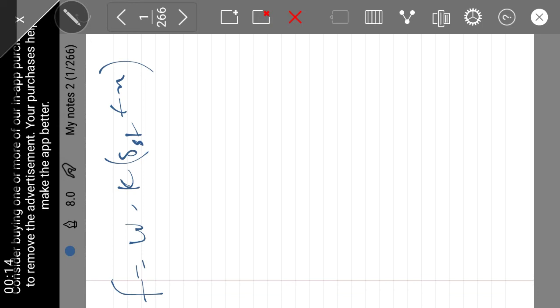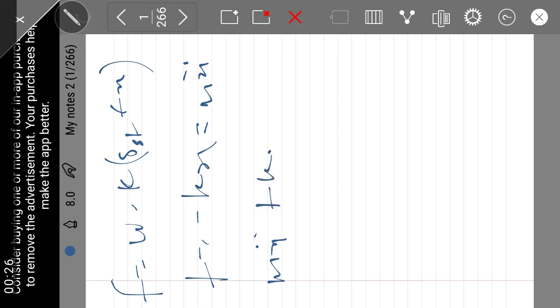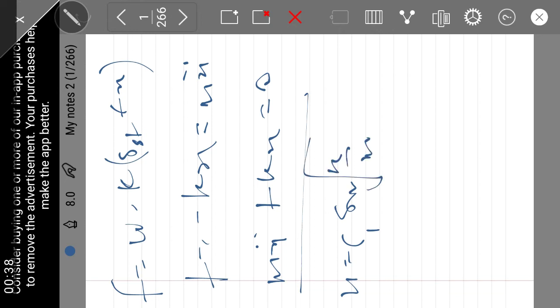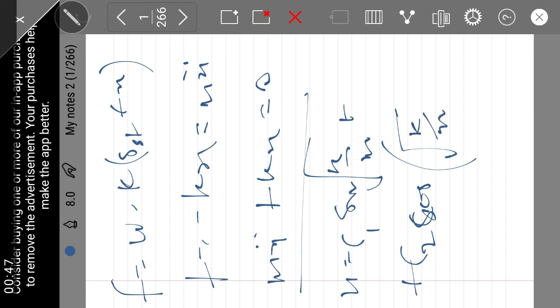This will leave that F is equal to minus Kx, and we know that F is also equal to m x double dot, therefore m x double dot plus Kx is equal to 0. And this equation of motion has the solution of the form x equal to C1 sine root k over m t plus C2 cos root k over m t.